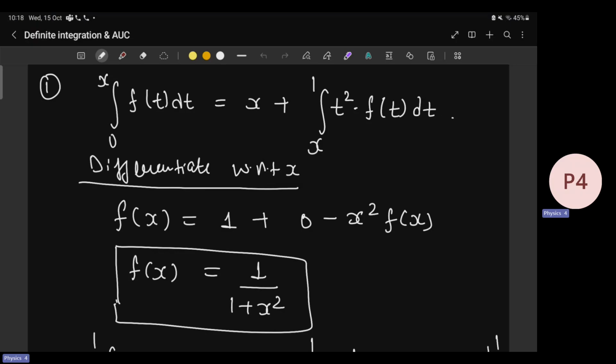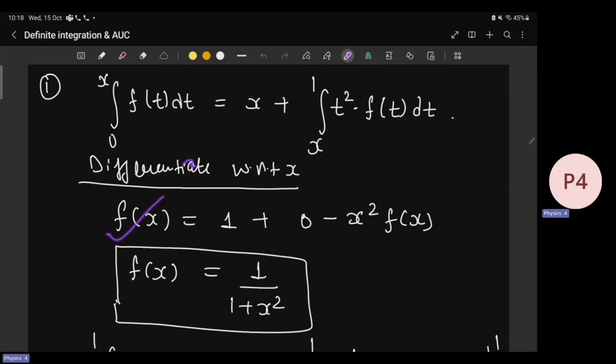So in question number 1, we have been given the integration of f of t dt from 0 to x is equal to x plus the integration of t square f of t dt. If we differentiate this with respect to x, we get f of x.